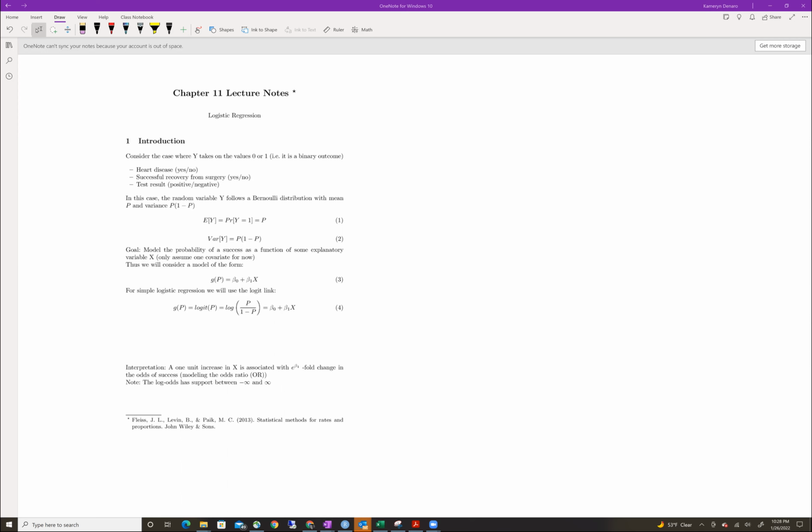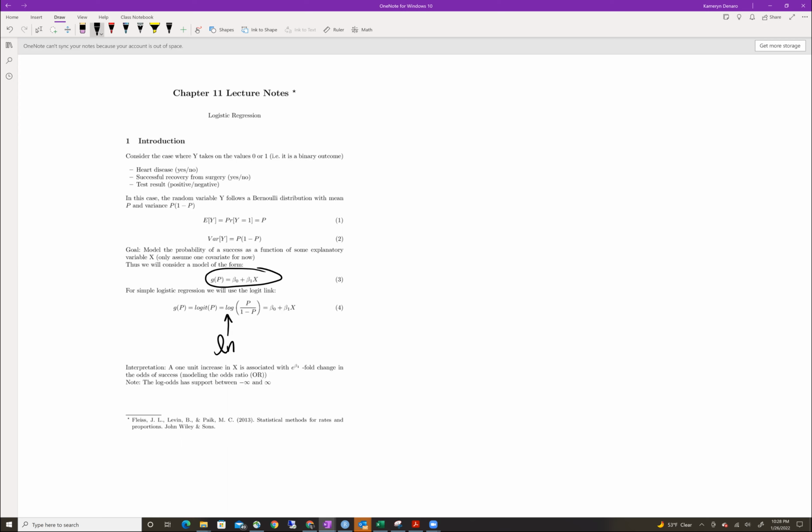So we can set up our linear model to be linear in the betas. We're going to have some function of this probability to be linear in the betas, and we're going to use a logit function. Just a reminder, when I write log here, it's the same as natural log, unless I specify a different value.